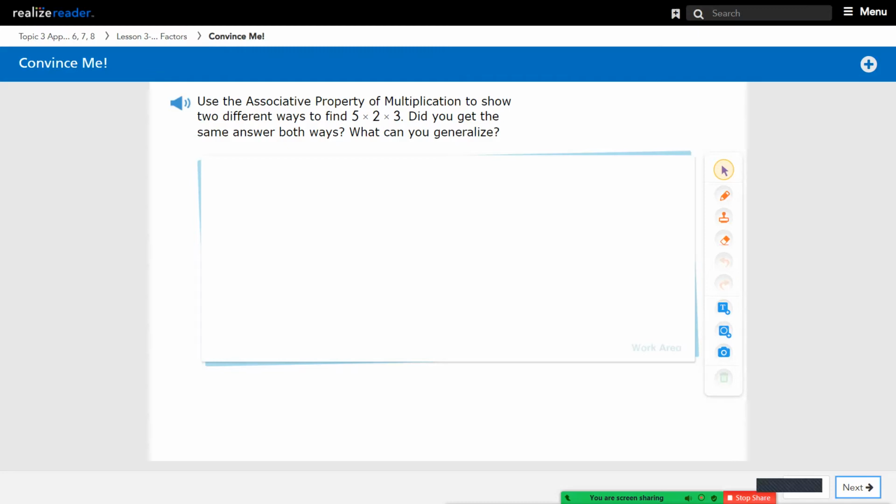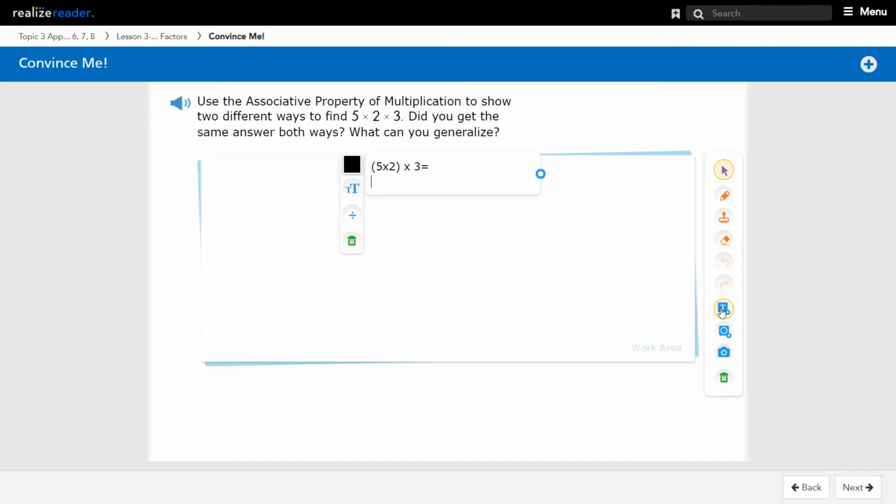If we have 5 times 2 times 3, we can either begin with 5 times 2, and then once we find the answer to that, we can multiply all of that by 3.